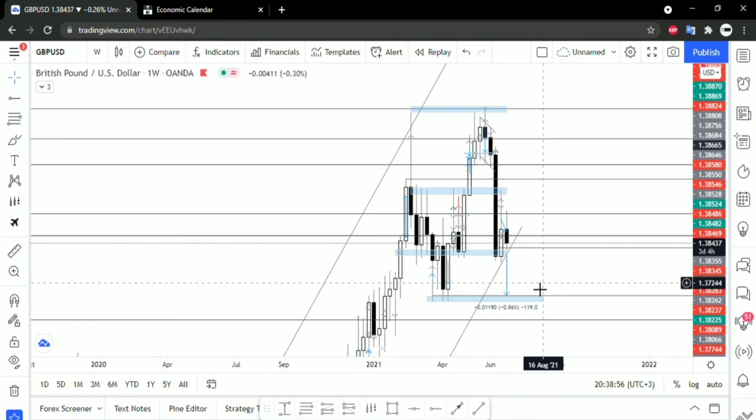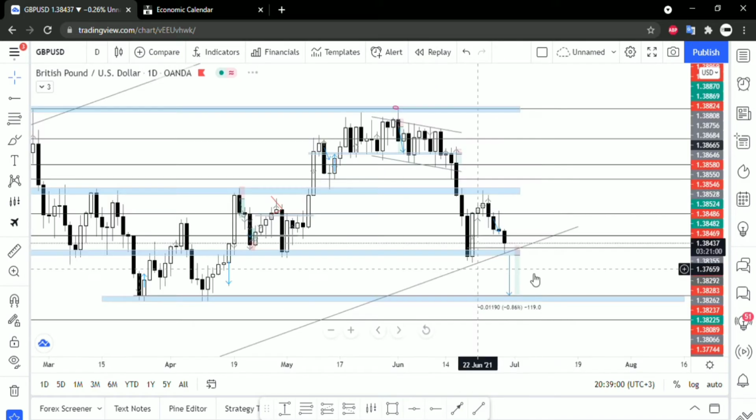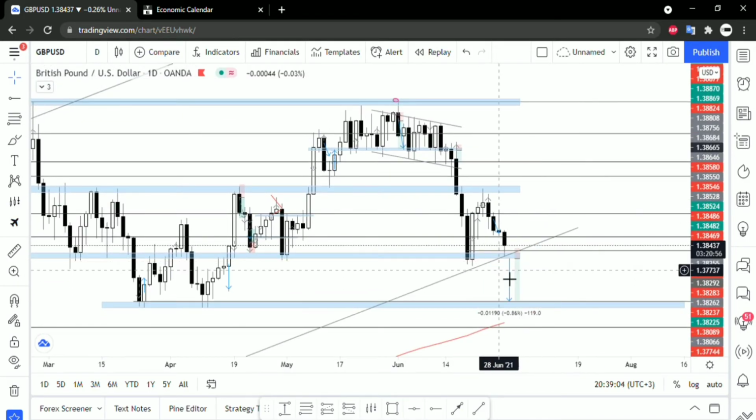Let's just mark that out, and zoom in a bit into a smaller time frame, which is 1 day. As you can see, it retested this particular support, came back, hit this resistance, came back down, and now we're just moving around this area.